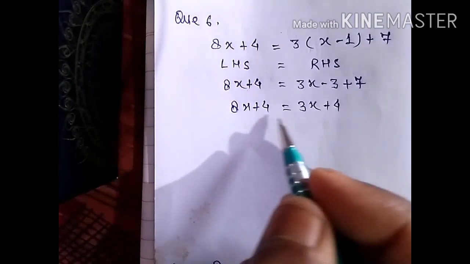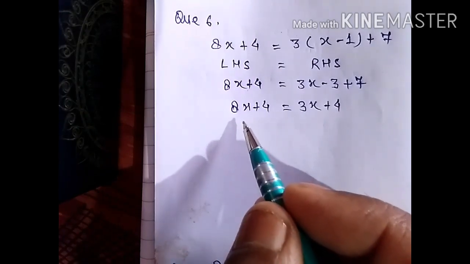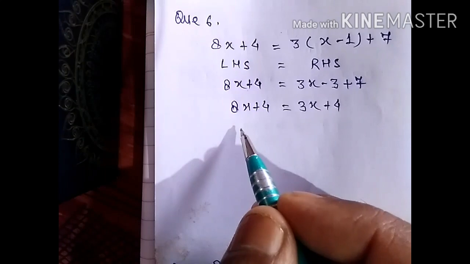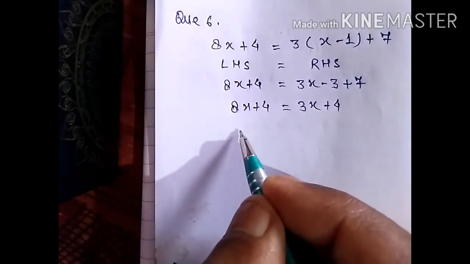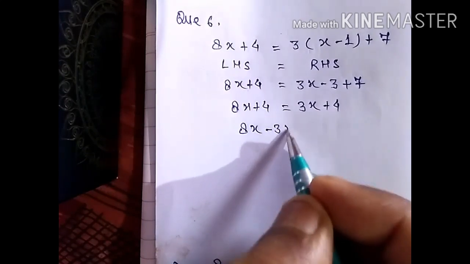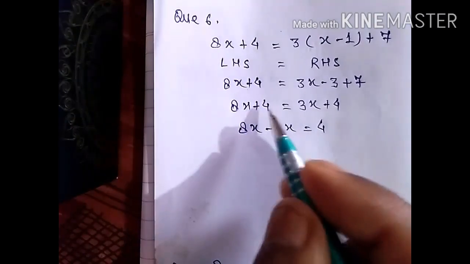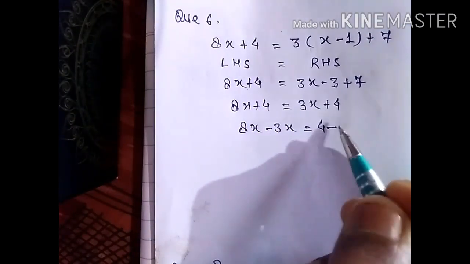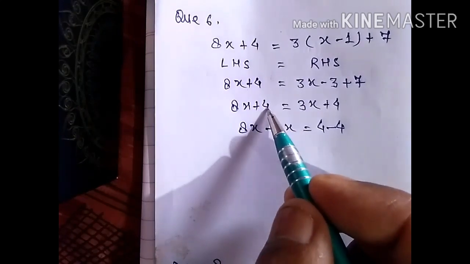So in the next step we have to keep the variable on one side and the numbers on the other side of the equation. So this will be 8x minus 3x is equal to 4 minus 4, because after transposing it will be negative.